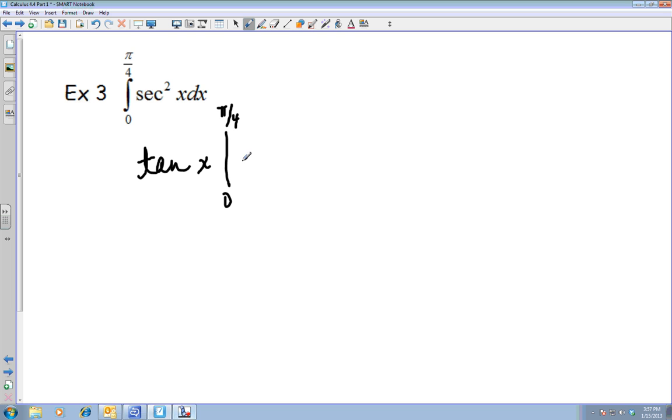So now I'm going to plug in my upper limit, tangent of pi over 4 minus the tangent of 0. So the tangent of pi over 4 is 1. Tangent of 0 is 0. So my answer is 1.